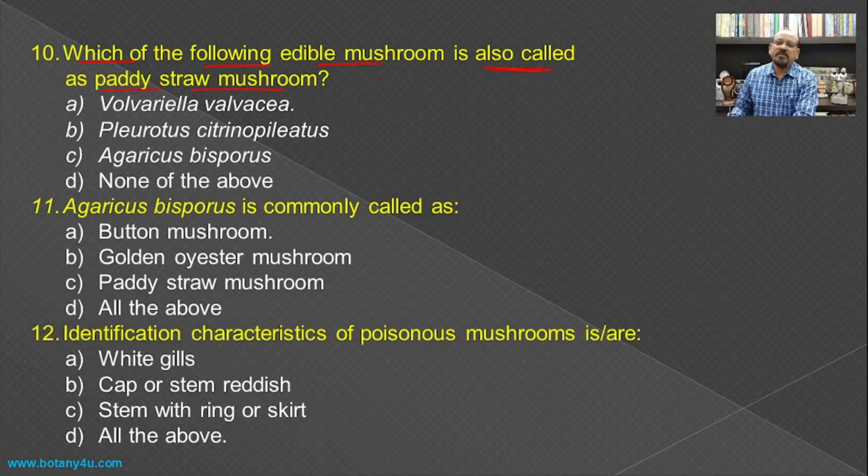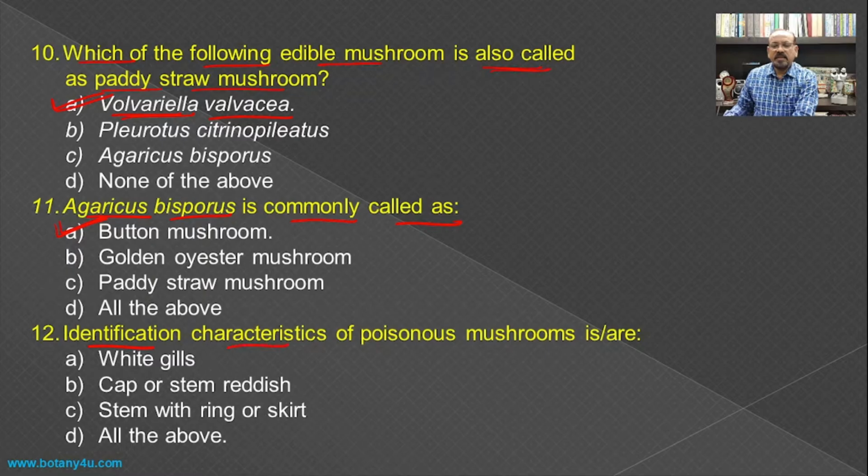In the earlier question we know that Volvariella volvacea is well known as a paddy straw mushroom. Then Agaricus bisporus is commonly called as? In the earlier question we have already seen that Agaricus bisporus is well known as a button mushroom, which is maximally cultivated everywhere during mushroom cultivation.